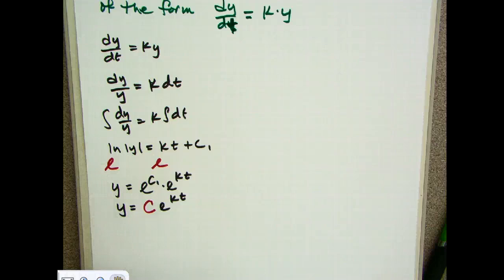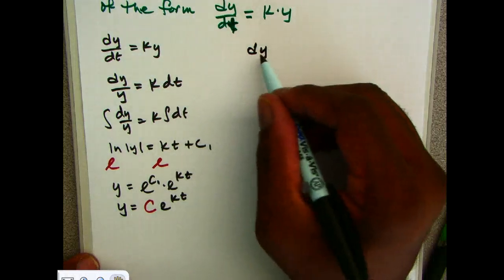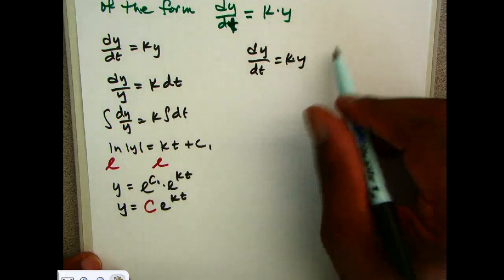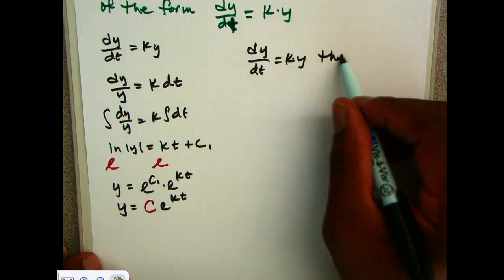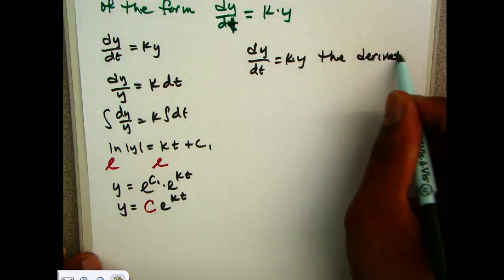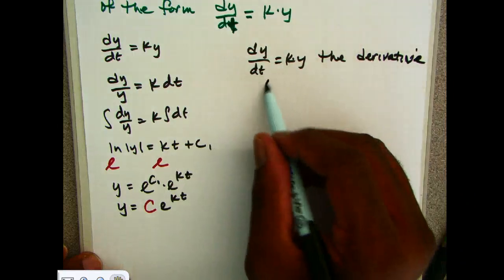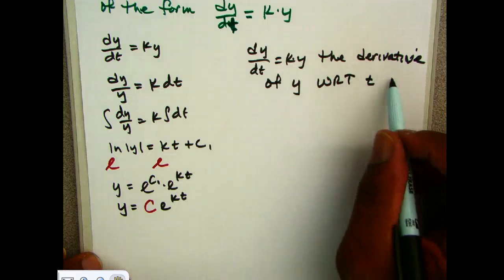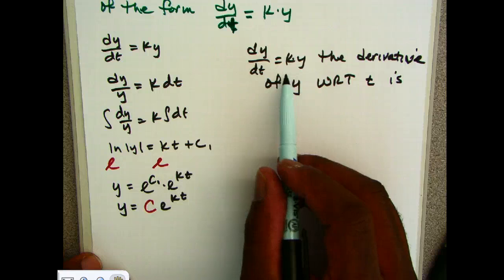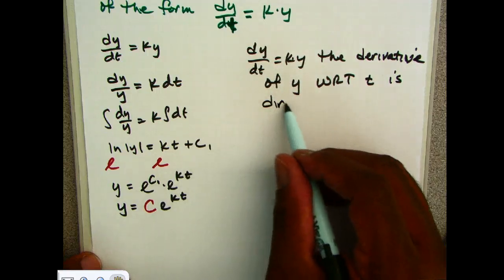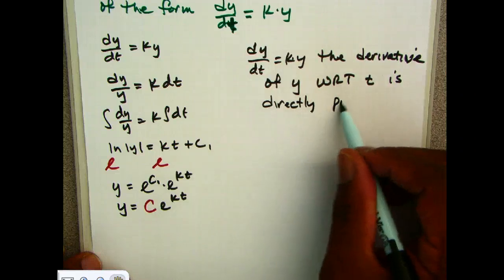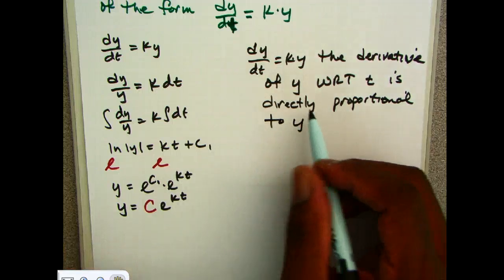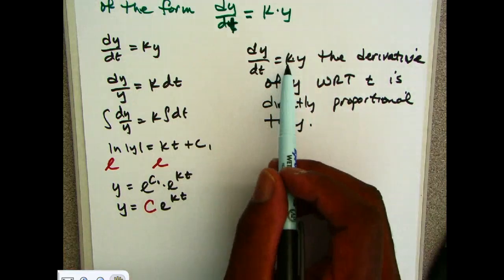Okay, so let's just keep in mind that dy/dt equals k times y means the derivative of y with respect to t is directly proportional to y, by this factor of k.